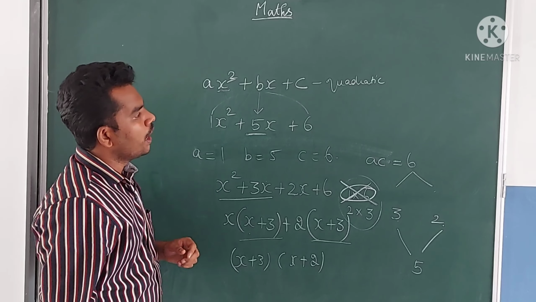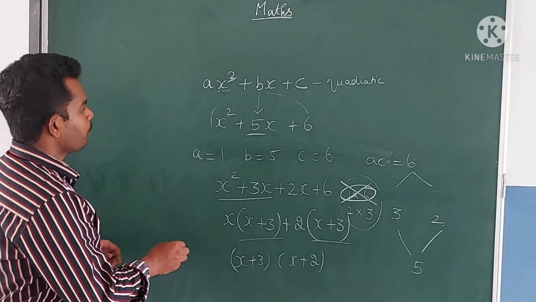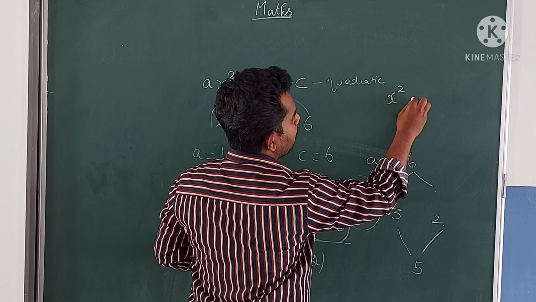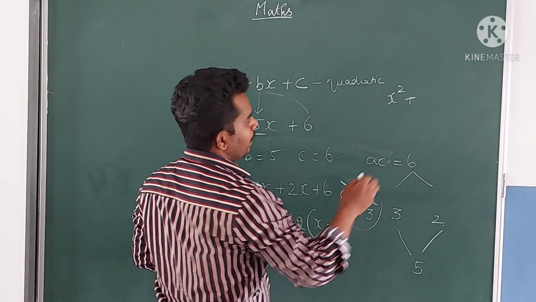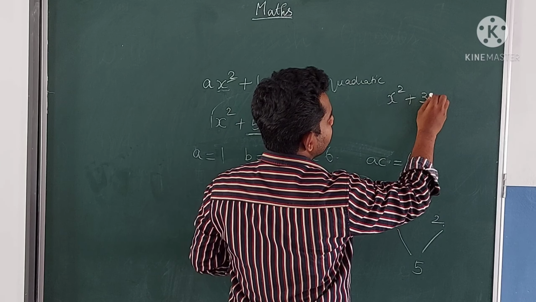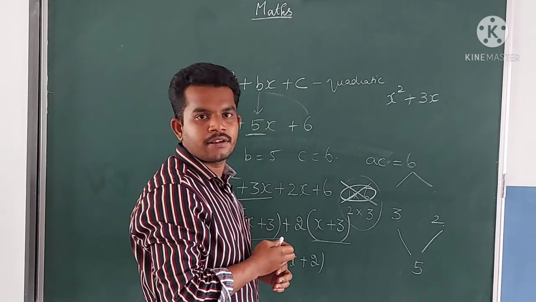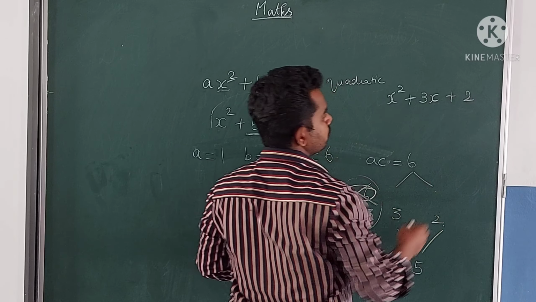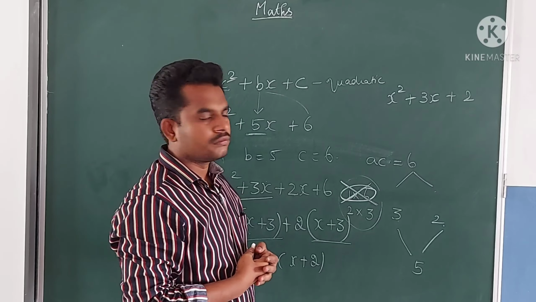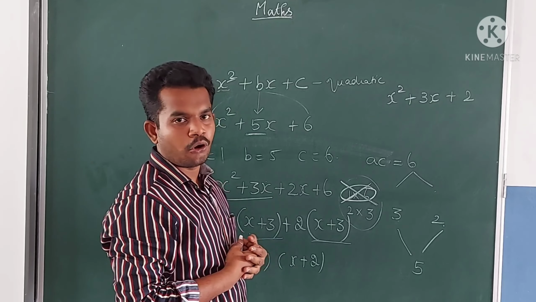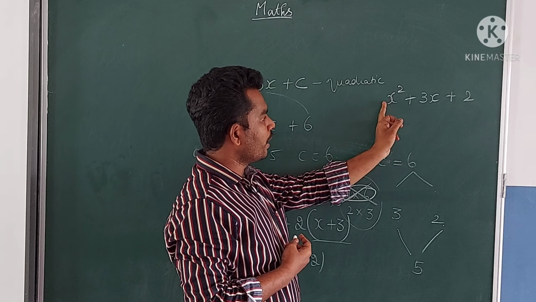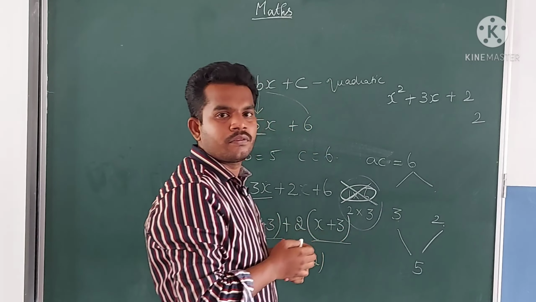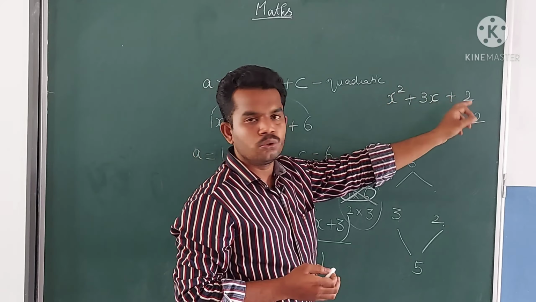For example, I take another example, x square plus 3x plus 2. Observe this quadratic polynomial. Here 1 into 2, 1 and 2 give 2.